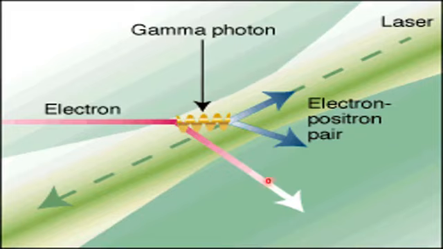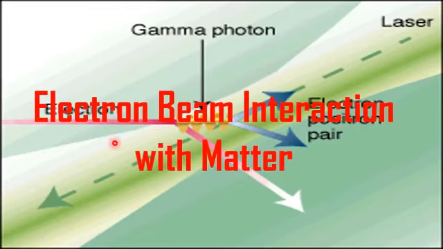Dear student, in order to discuss Auger electron spectroscopy, it is very important to understand the interaction of the electron beam with matter. How does the electron beam interact with matter? Electron beam interaction with matter may cause a reflection of electrons from the sample surface.